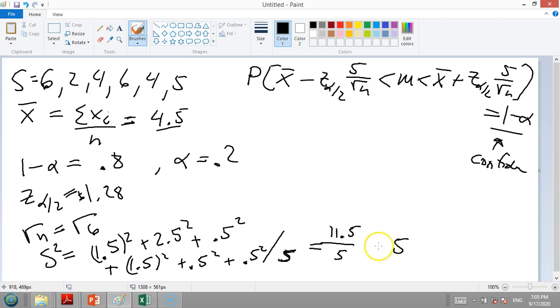So this implies that S equals the square root of 11.5 over 5, which equals what? 1.52.